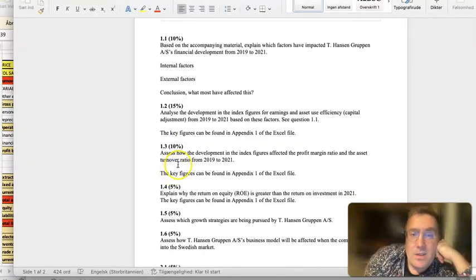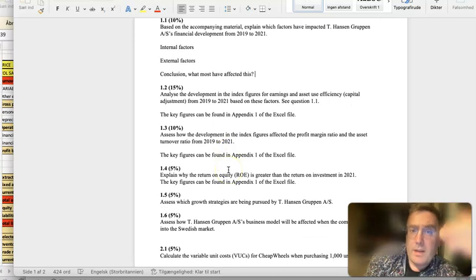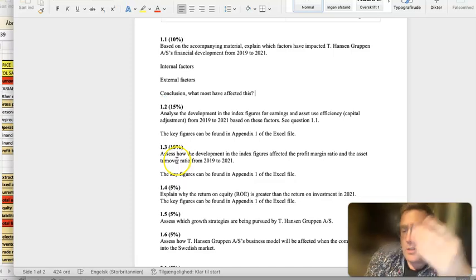Next, assess how the development in index figures has affected the profit margin ratio and asset turnover ratios as we followed. It's really a good idea to look at what you wrote in question 1 with internal and external factors. What has to do with cost? What has to do with assets?